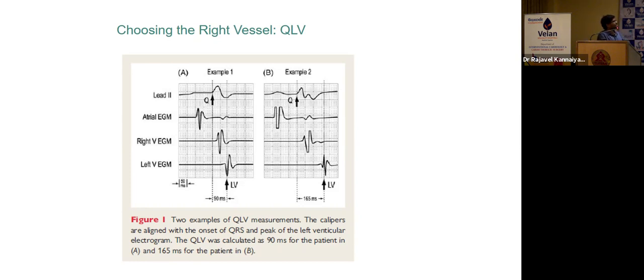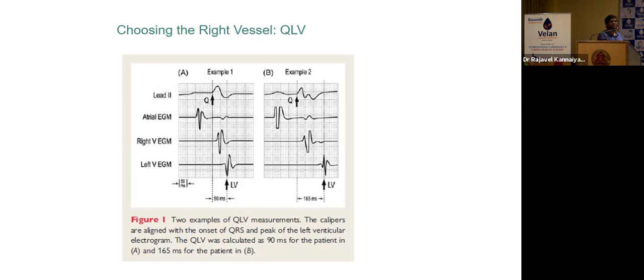So this is what I said, the QLV. The left VEGM is the electrical activity recorded from the posterolateral vein, and the QRS onset is the Q. So from there to the EGM, we have to see if it is more than 90 milliseconds, it is a latest activation.